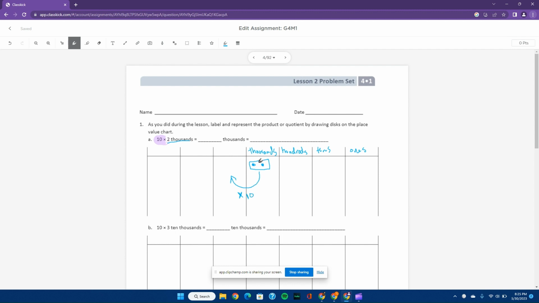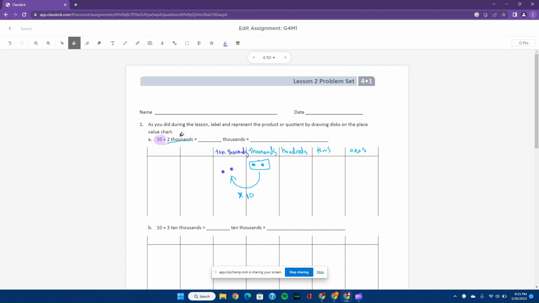So rather than having 2 thousands, when I multiply them by 10, I create 2 10,000s. So I move to the next largest place value, and that's the 10,000s.